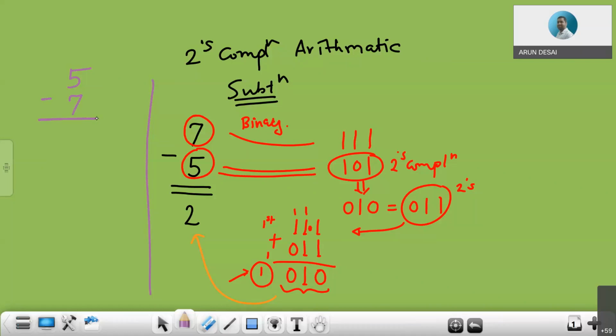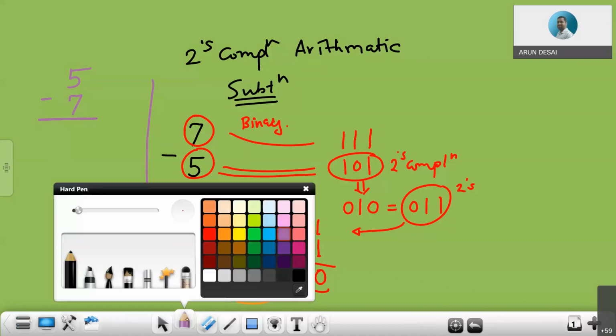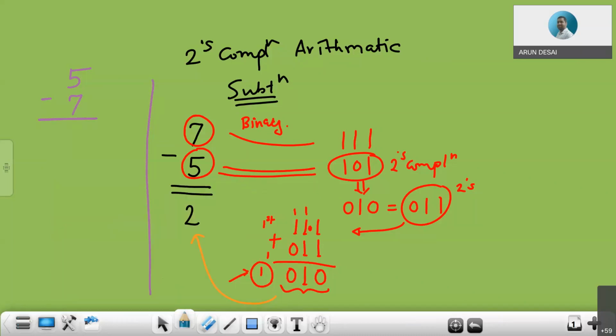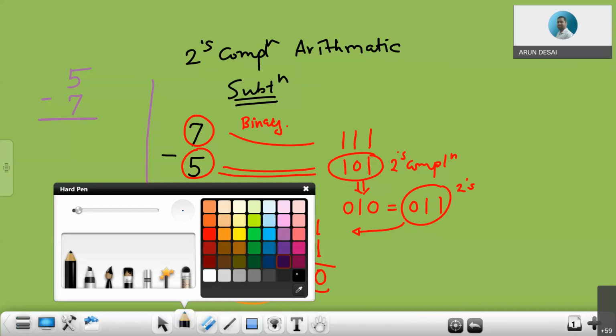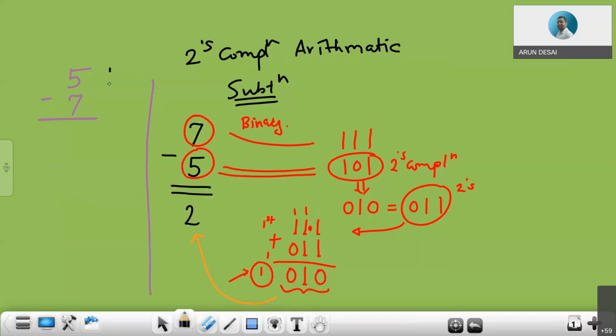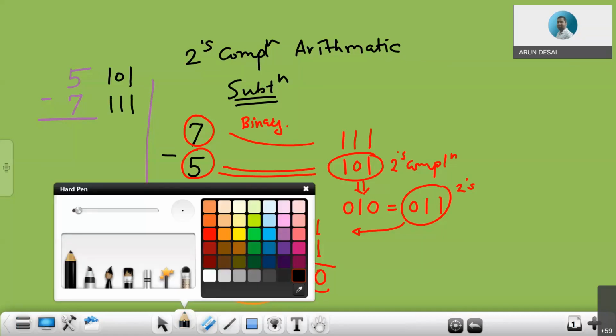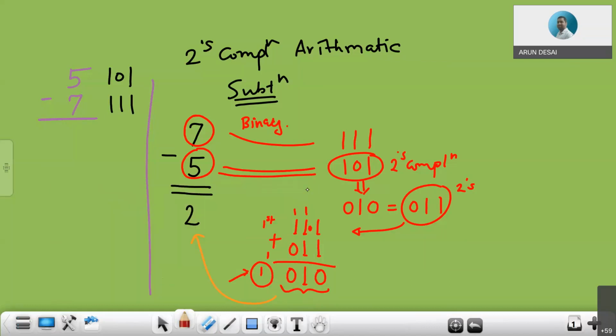So I'll repeat the process again for you. First, you need to convert those numbers into binary equivalent. 5 is 101, 7 is 111. Now, the second step is to find the two's complement of the second number.